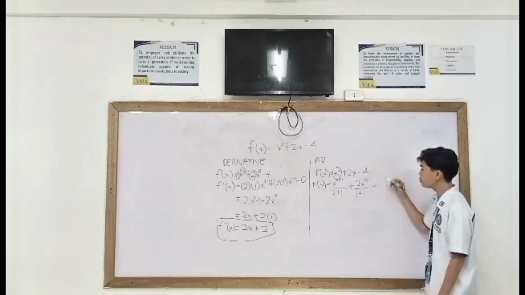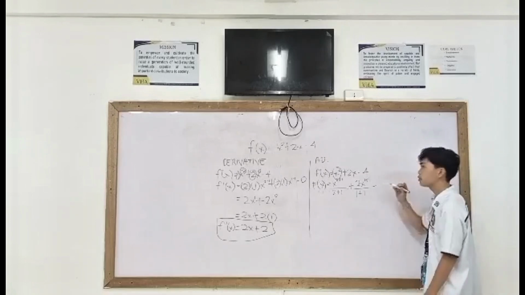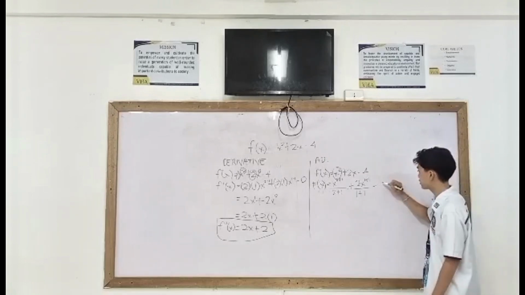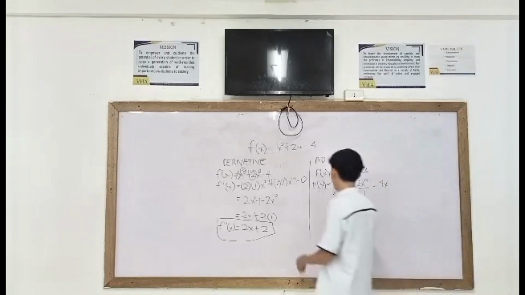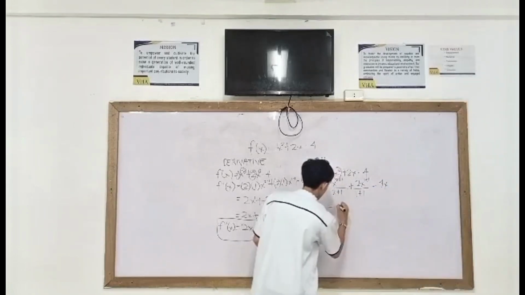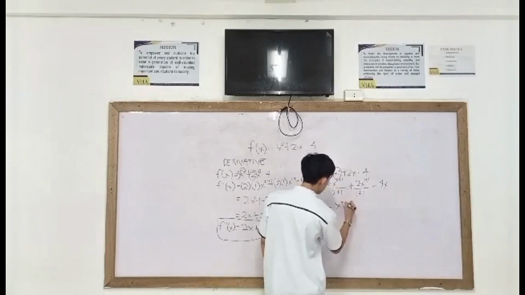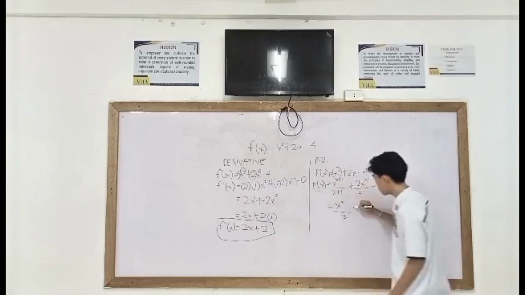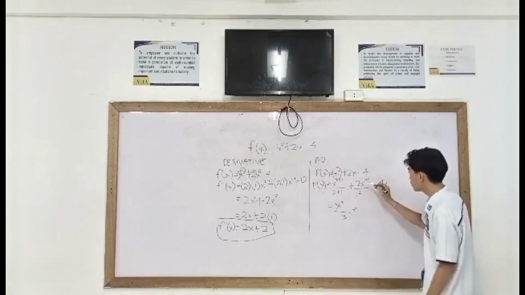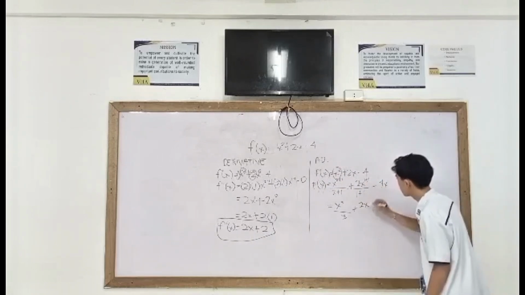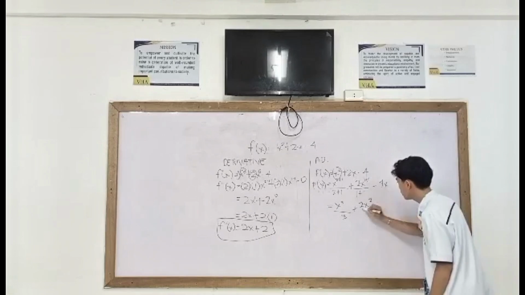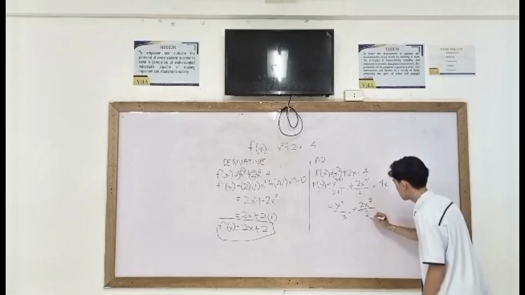So 4 will be 4x. And then we simplify this expression. So 2 plus 1 will be equal to 3, plus 2x. 1 plus 1 is equal to 2.